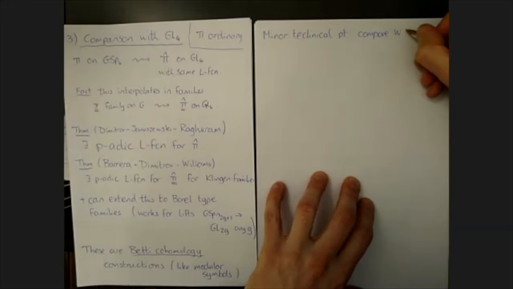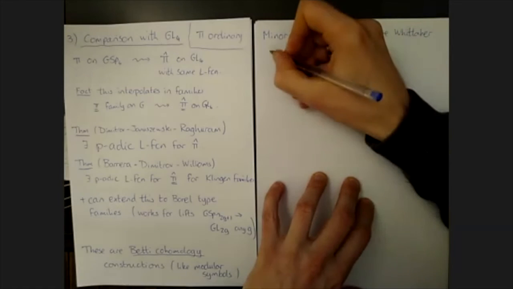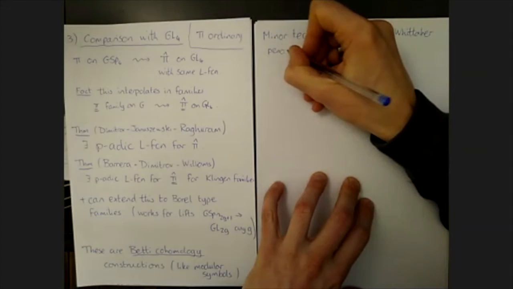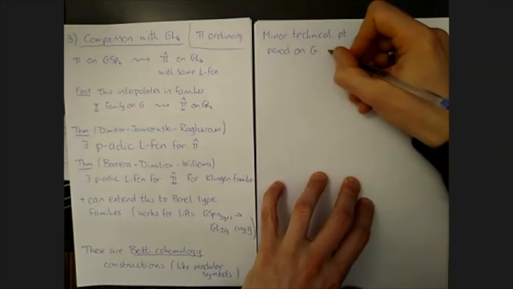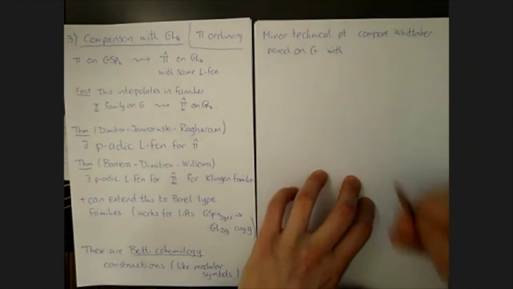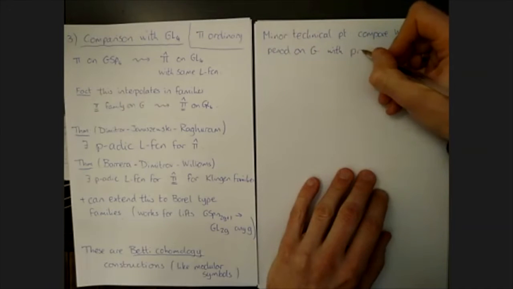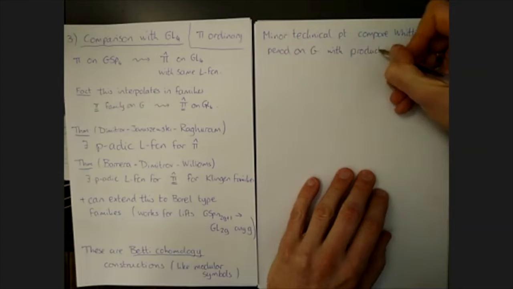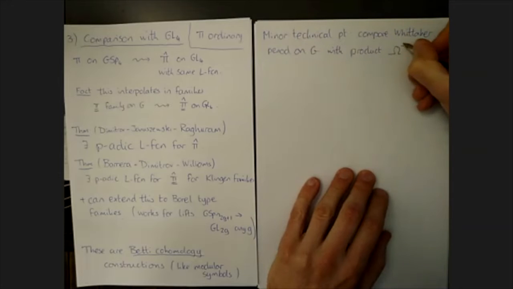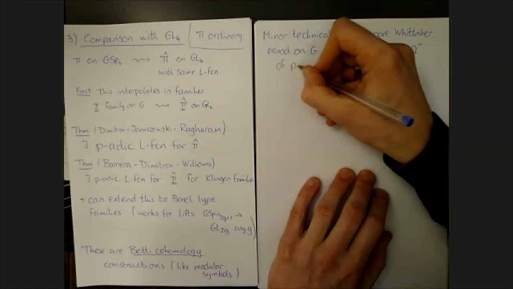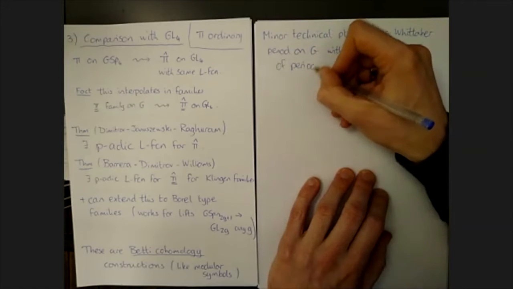You need to compare the Whittaker period on G with a period on GL4, and it's actually a product of 2 periods.